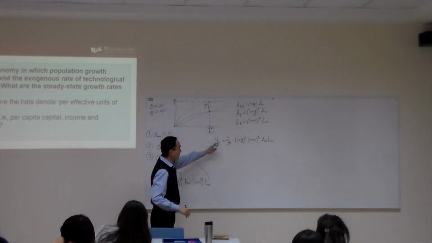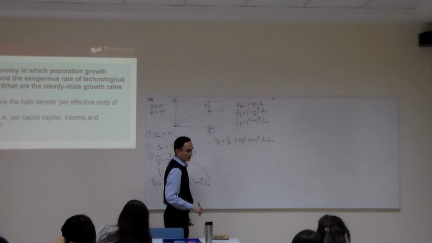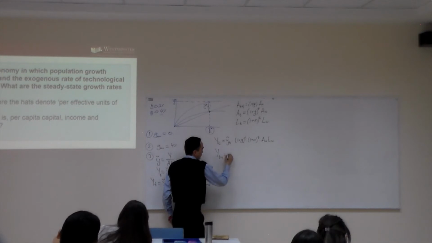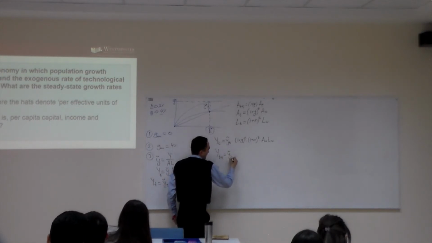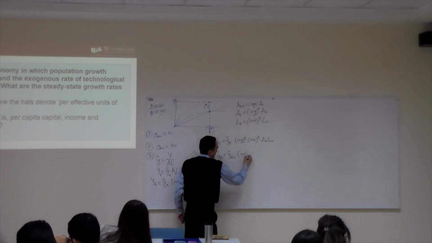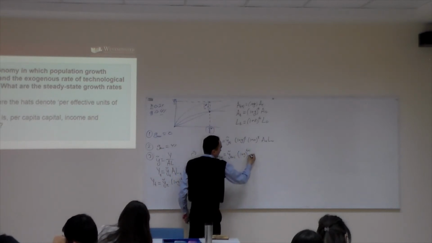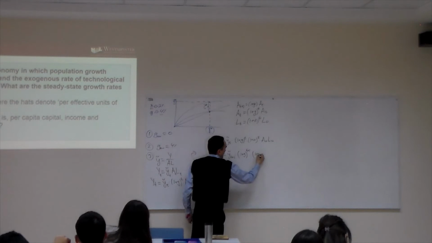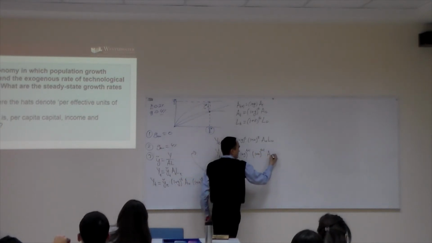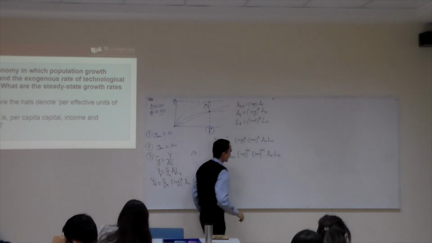And now I can write it for the next period, as we did in the previous case. Our output for the next year is equal to y hat t+1 times (1+g)^(t+1) times (1+n)^(t+1) times A0 times L0.